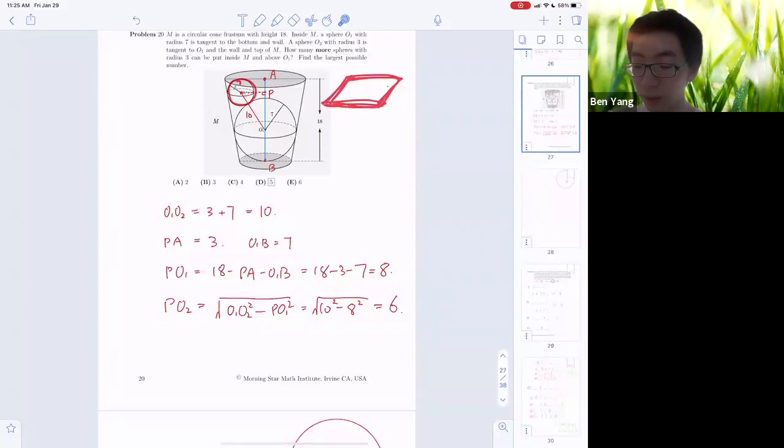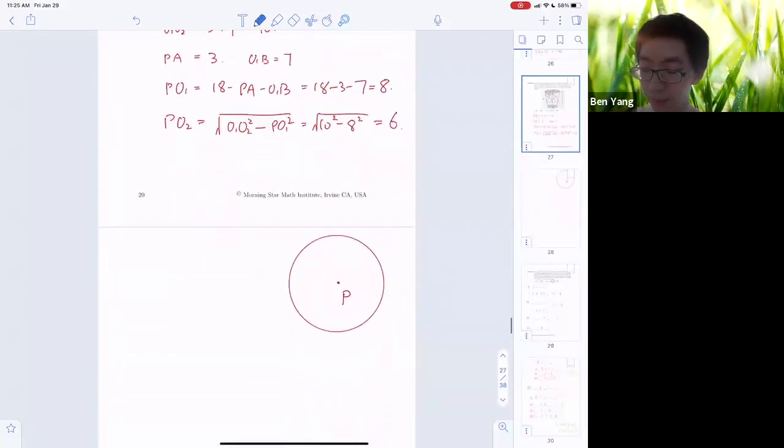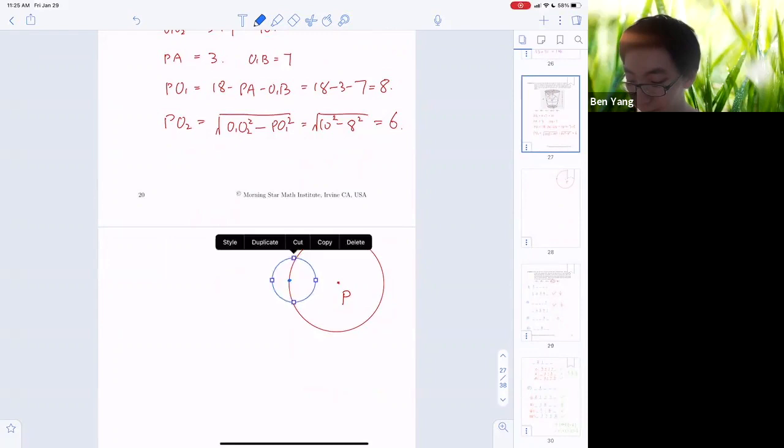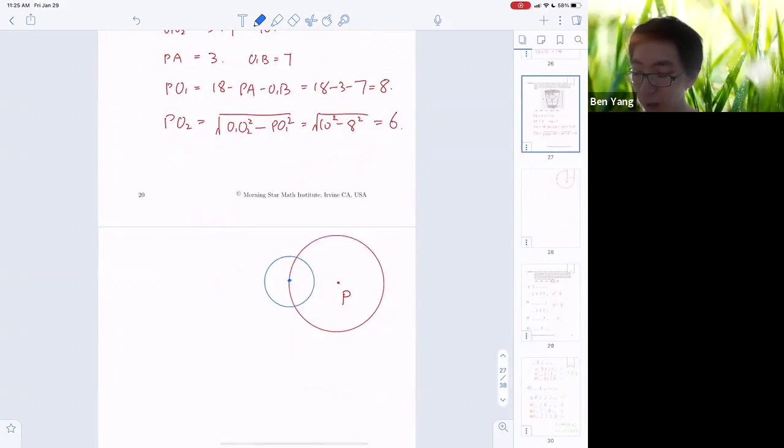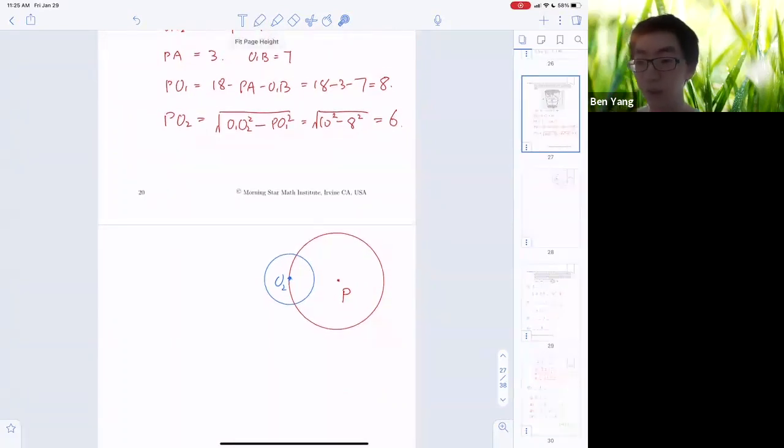So the center of the circle is O2, and the radius of the circle is just the radius of the sphere. So that's equal to 3. Okay, that's our O2. And now the question is, how many circles can we draw with centers on the circle around P and also radius equal to 3, and the circles cannot overlap.